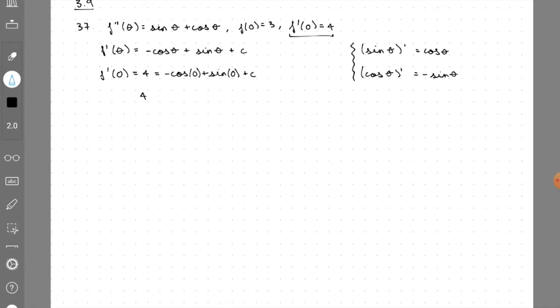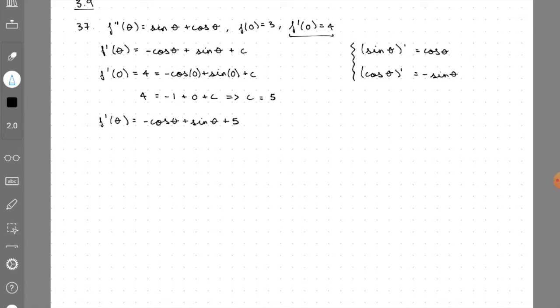So remember that cosine of 0 is going to be 1, and sine of 0 is going to be 0. Therefore, c is just going to be 4 plus 1, which is 5. Okay, so now f prime of theta is just going to be negative cosine of theta plus sine of theta plus 5.